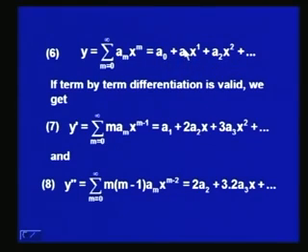If we assume that this series can be differentiated term by term, then we get y dash equal to sigma m equal to 0 to infinity m a_m x^(m minus 1), that is a_1 plus 2 a_2 x plus 3 a_3 x square and so on, and the second derivative y double dash is equal to sigma m equal to 0 to infinity m(m minus 1) a_m x^(m minus 2), which is 2 a_2 plus 3 into 2 a_3 x and so on.